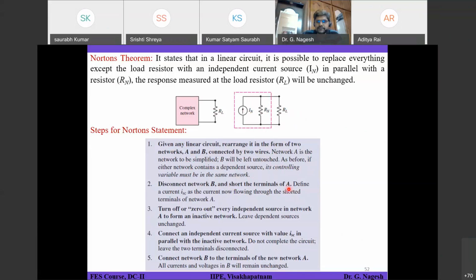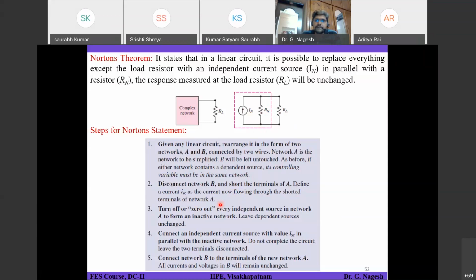Here, instead of open circuiting, you short circuit the terminals of network A. Once you short circuit, some current will flow. Define the current ISC as the current now flowing through the short circuit terminals of network A. There you find the open circuit voltage; here you find the short circuit current. That is the only difference between the two methodologies.